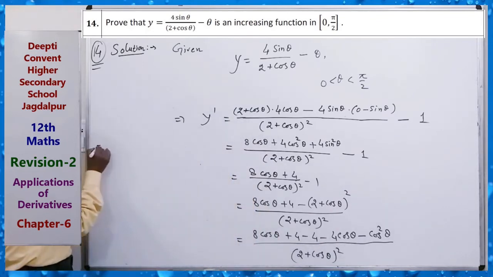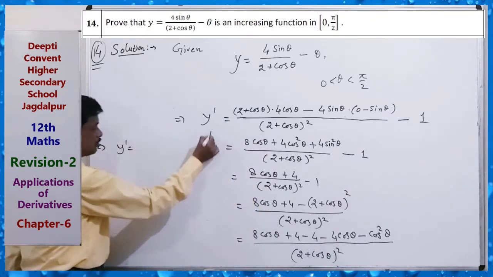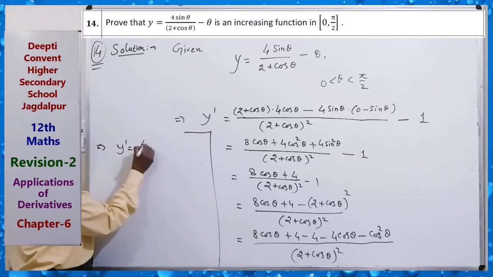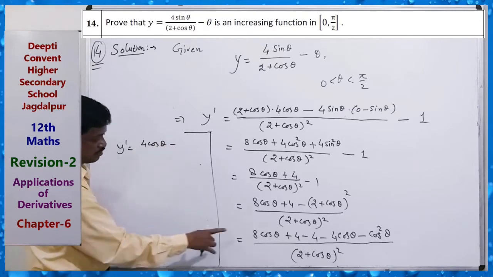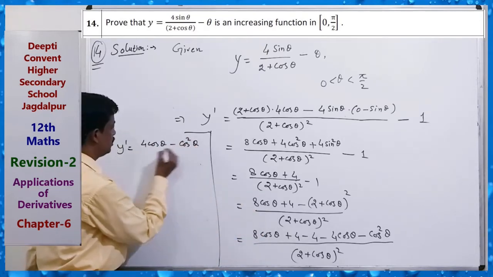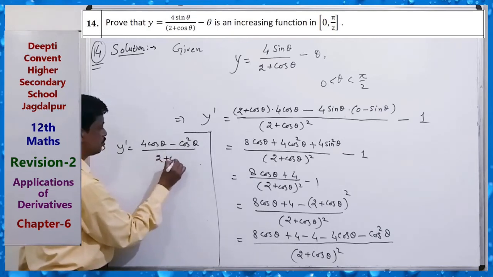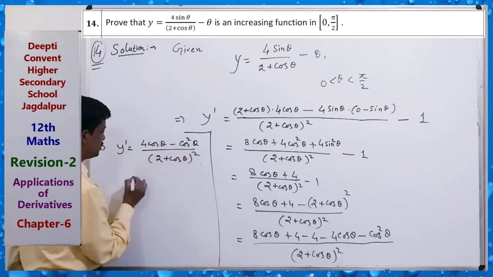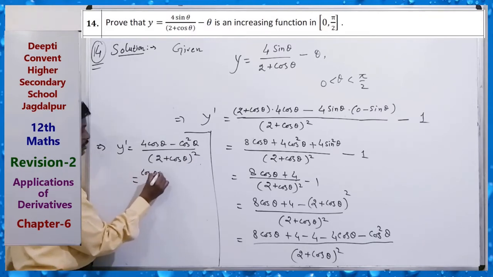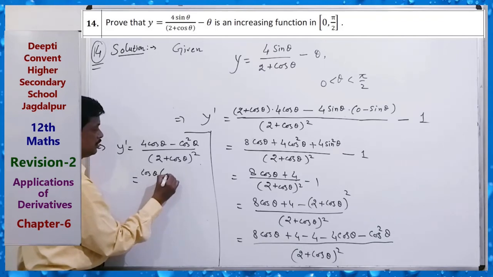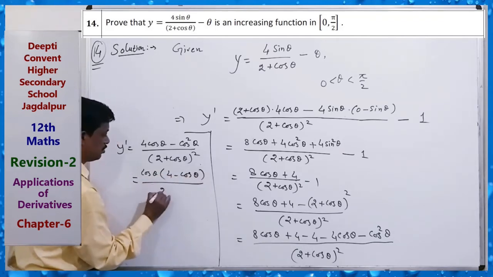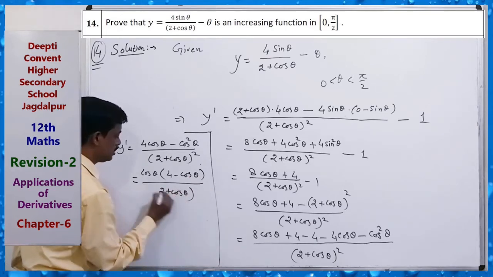Thus we get y dash equals 4 cos theta minus cos square theta upon 2 plus cos theta whole square. This equals 4 cos theta into 4 minus cos theta, upon 2 plus cos theta square.